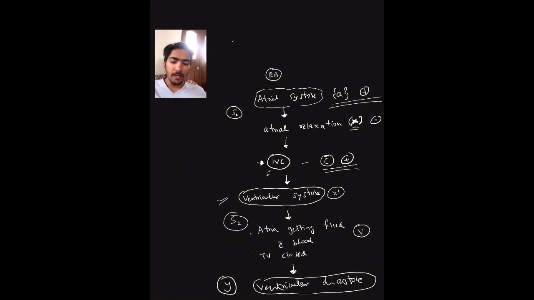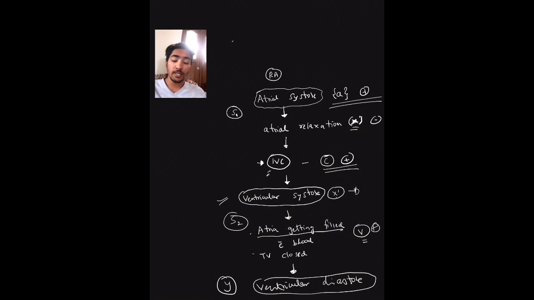So now ventricular systole proper starts. All the blood that was in the ventricle will get emptied into the pulmonary artery, thus producing your negative X dash wave. Now in the late ventricular systolic phase, even your atria are getting filled with blood, that is producing your positive wave, your V wave.